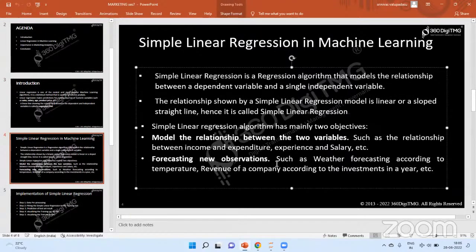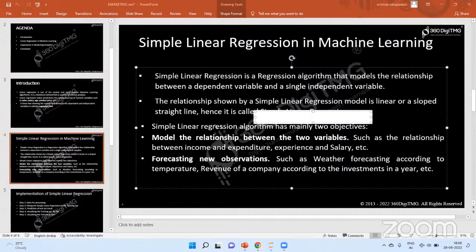Now let us discuss simple linear regression in machine learning. Linear regression gives the relation between one dependent variable and one or more independent variables.